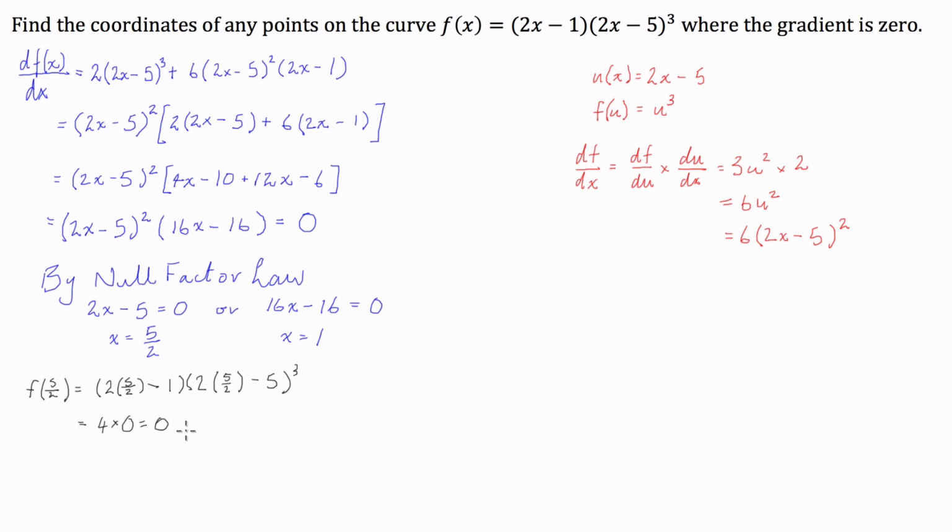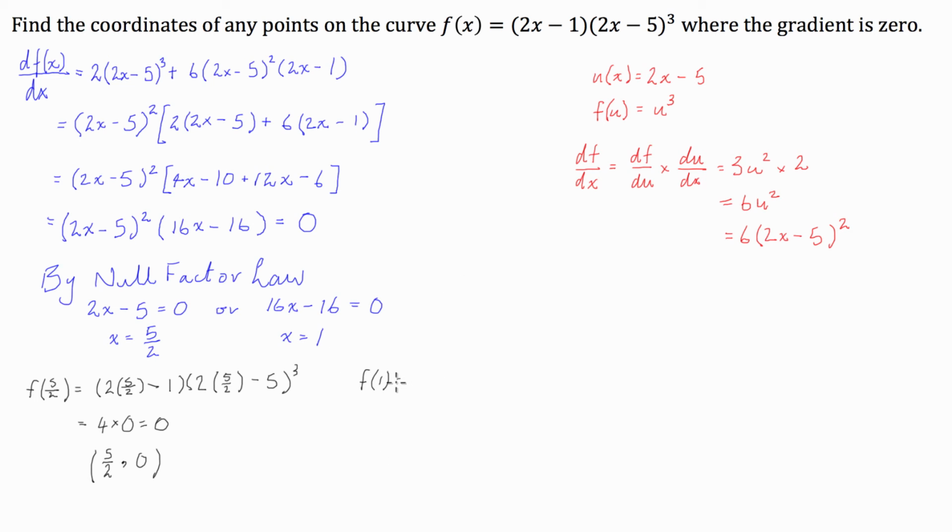So the first coordinate point is going to be 5 over 2, or 2.5, comma, 0. Okay, and for our next coordinate point, we've got x equals 1. So we have f at 1.